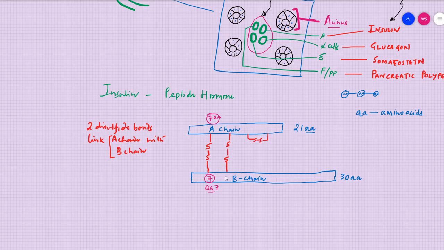The other one is B19, the 19th amino acid of B and the 20th amino acid of A chain. It's kind of staggered, and if this is 7 and 19 it should be somewhere around here, but for making the diagram a bit more visually appealing, I have put it near to each other, but you get the idea.